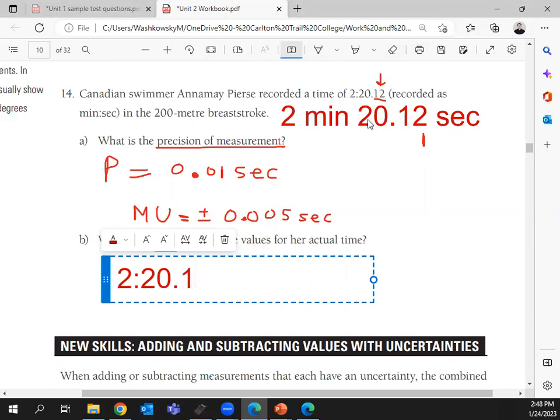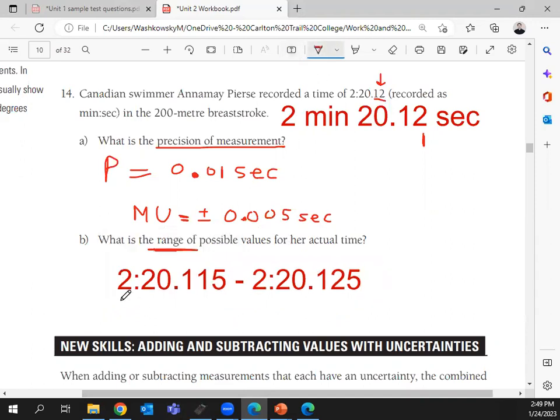Oh, so I see what you're doing there. We're not adding on to that. We're going one space further, right? Because it's 0.005. So technically this would be 2:20.115 to 2:20.125 would be her range.